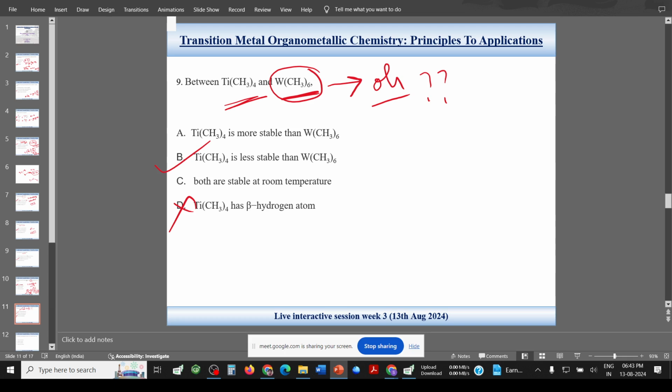But these hexamethyl complexes have a very different structure in general: trigonal prismatic.